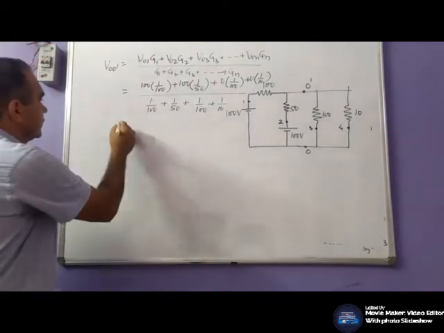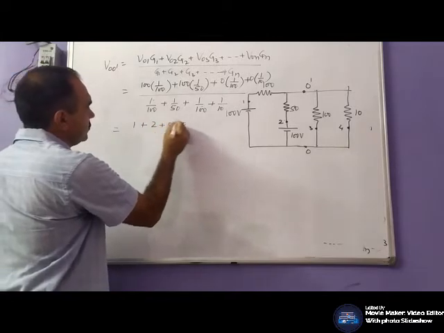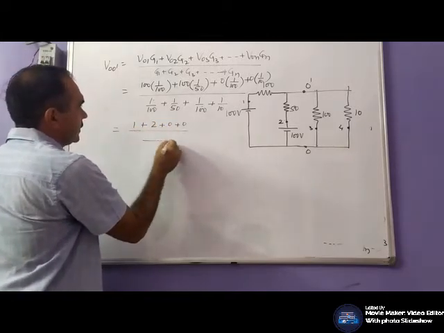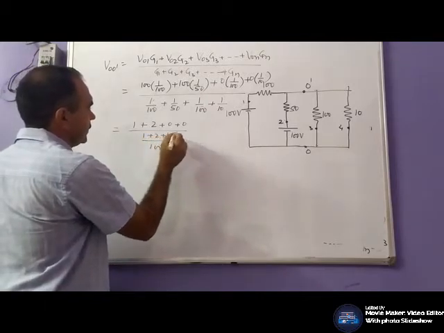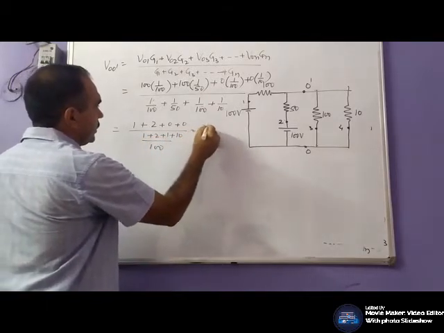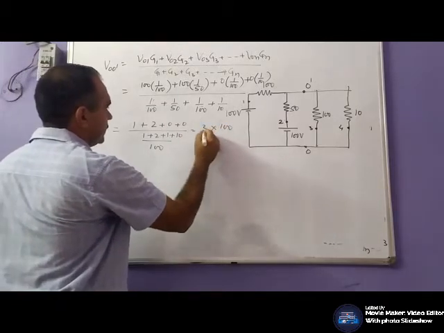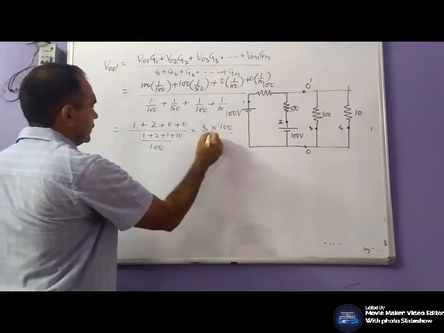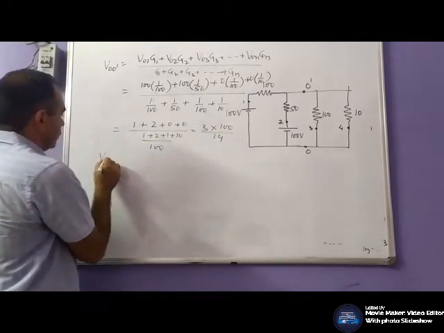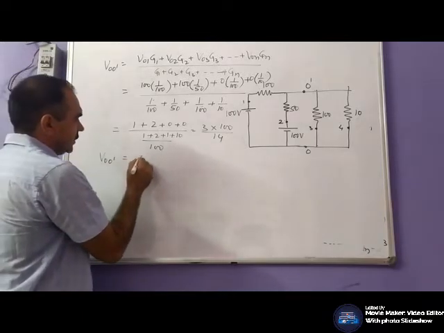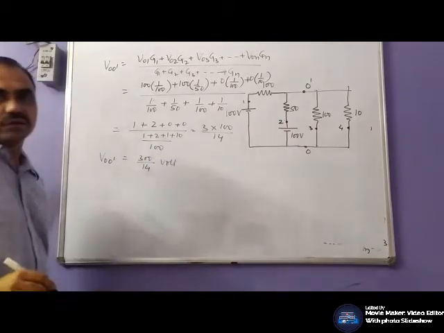Simplify it. 1 plus 2 plus 0 plus 0 divided by 100 LCM, 1 plus 2 plus 1 plus 10. So you have 3 into 100 divided by 40, so V00 dash is 300 by 14 volt.